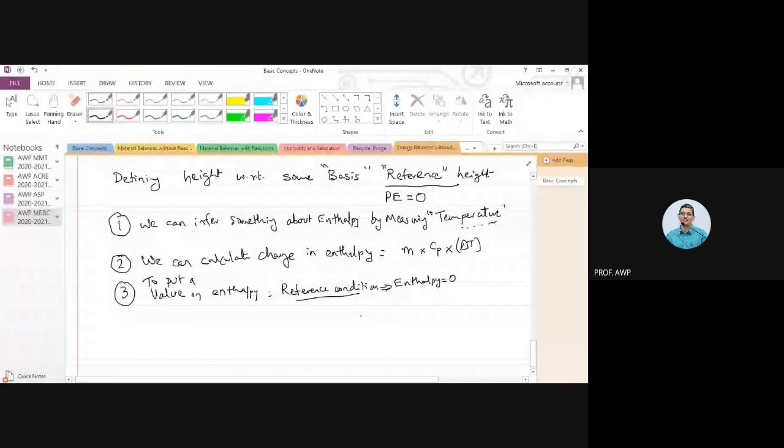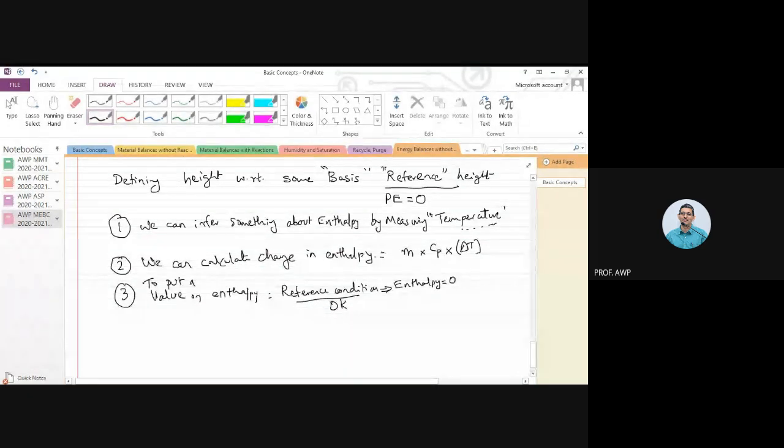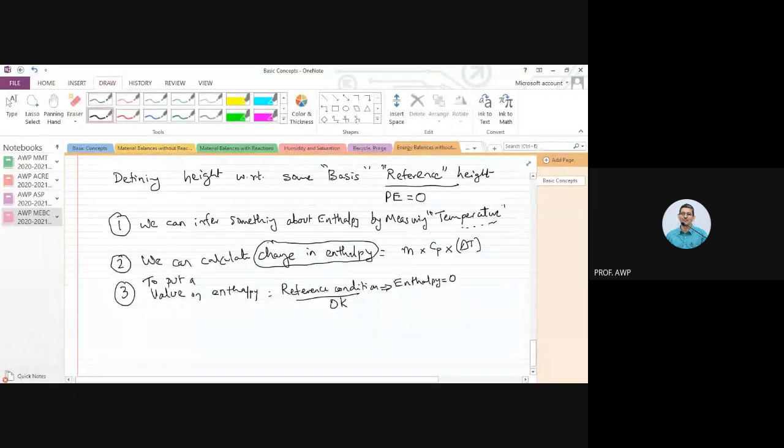So one reference condition could be 0 Kelvin. We will say that at 0 Kelvin, enthalpy is 0, and then we will work out change of enthalpy by taking something from 0 Kelvin to, let's say, 40 Kelvin or 40 degrees centigrade, and then say, this is the change in enthalpy.